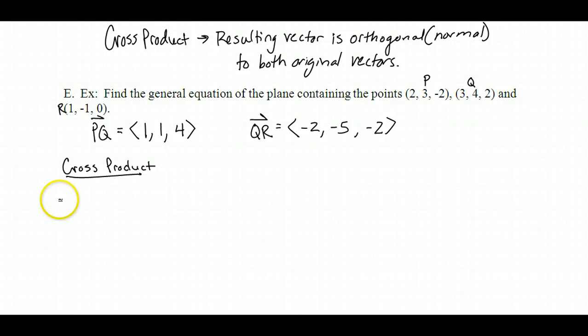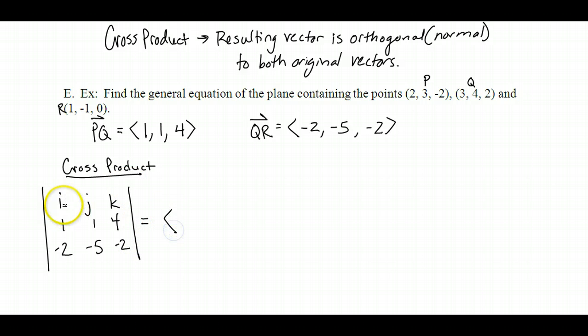So our cross product, we have I, J, K, 1, 1, 4, negative 2, negative 5, negative 2, and cross things off, we would have negative 2 minus a negative 20. So negative 2 minus a negative 20, that will give us 18.